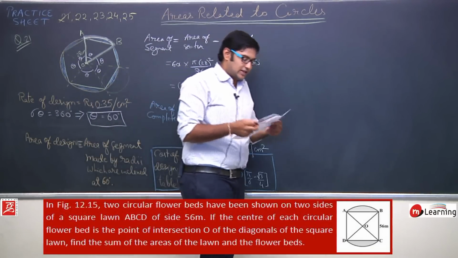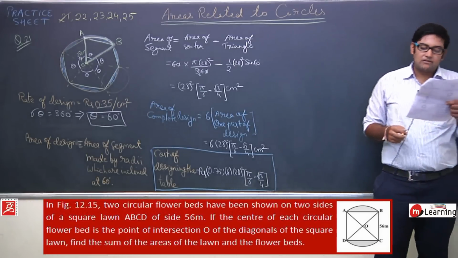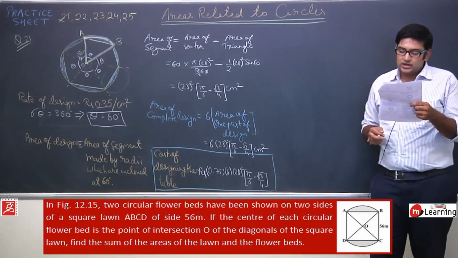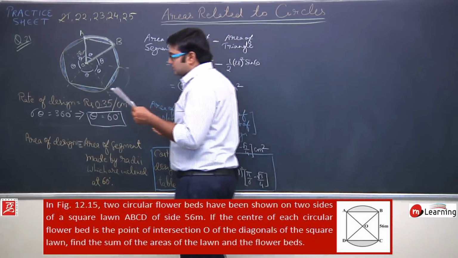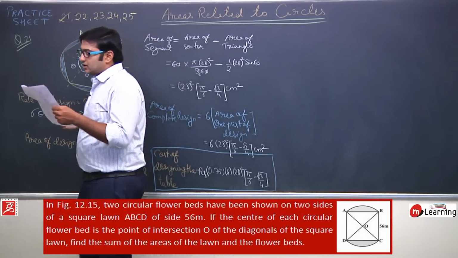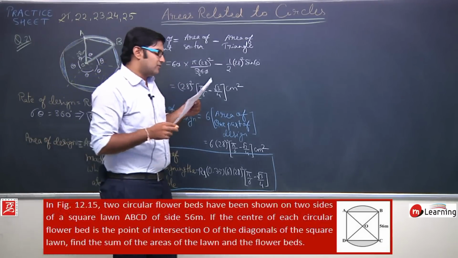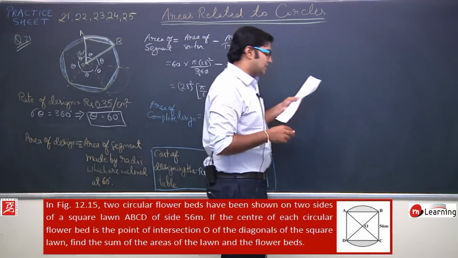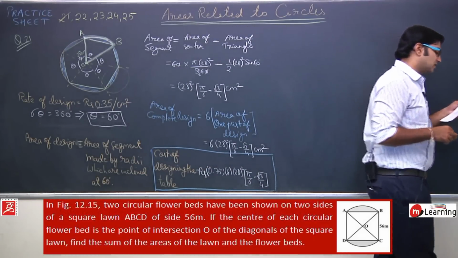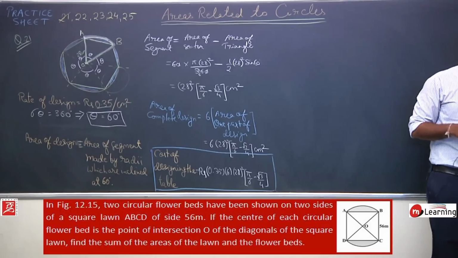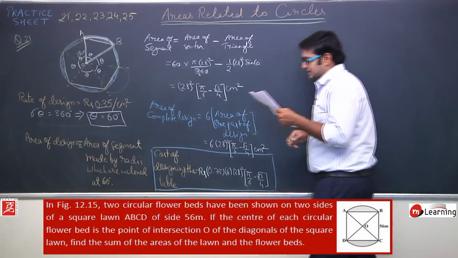Question number 22 says, in the given figure, two circular flower beds have been shown on two sides of a square lawn. So there is a square lawn ABCD of side 56 centimeters. If the center of each circular flower bed is at the point of intersection of the diagonals of the square lawn, find the sum of the areas of the lawn and the flower beds.